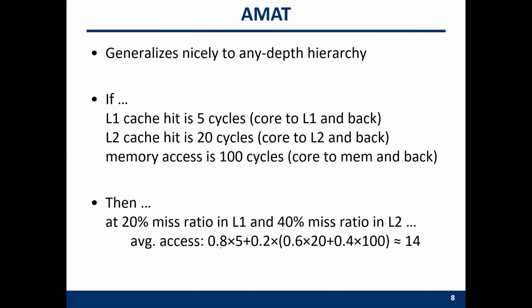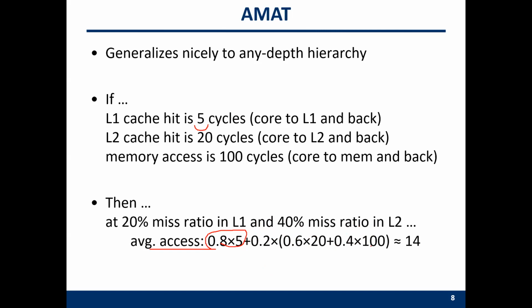Because the miss rate of L1 is 20%, 80% will hit in the L1. And this is the L1 hit latency. The other 20% are misses. Among these 20%, 60% hit in the L2. And among these 20%, 40% will go to the memory.